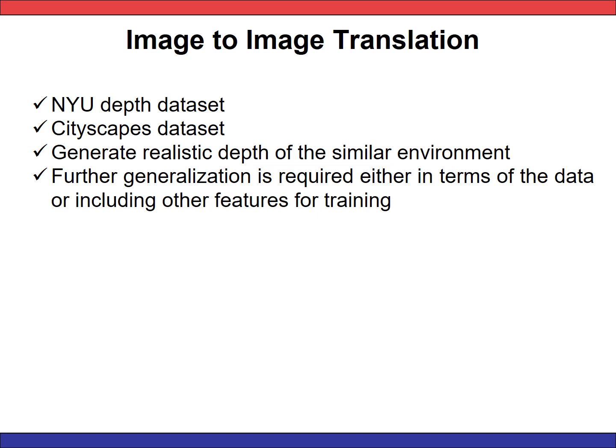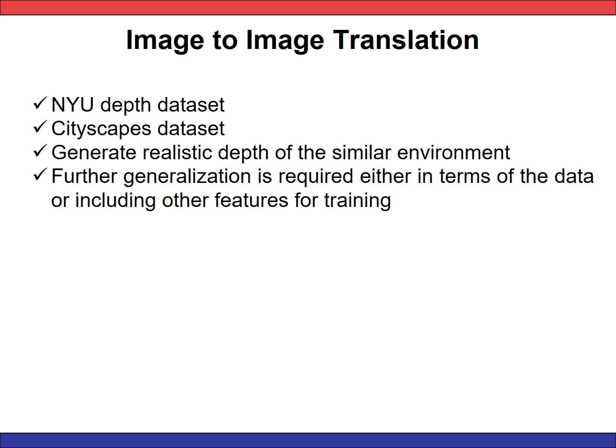Similarly, we also tested this architecture on our own depth dataset that we generated using the RealSense camera, and it was able to generate the depth image of a similar environment.